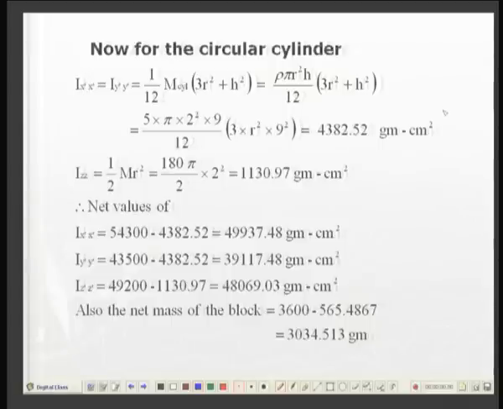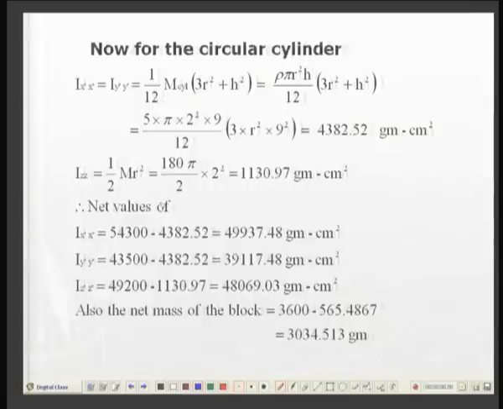And for the moment of inertia about the z axis, I will have 1 by 2 m r square from the tables. So m is already obtained from here, pi r square is the area, into height, into rho is m. So you calculate it out, it will be 1113.97.